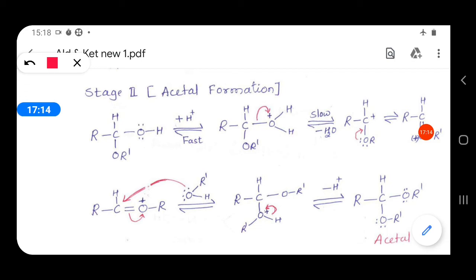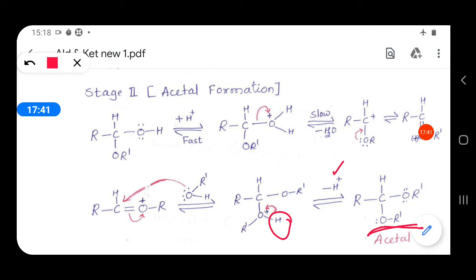So a new carbon-oxygen bond is formed. Again the OH bond electrons are given to oxygen, a proton H plus is removed, so it forms the OR dash, that is, an alkoxy group is added, and this is called acetal.